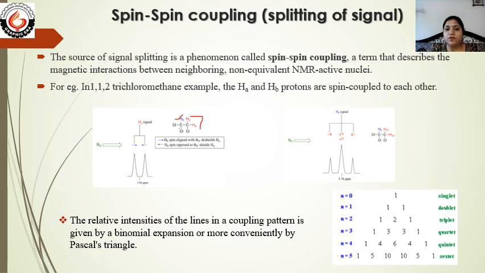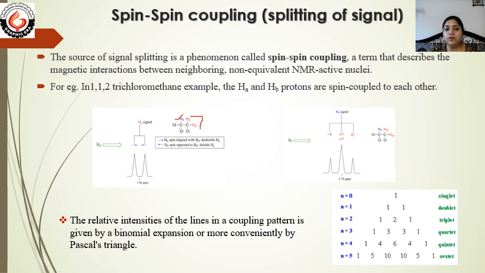So obviously HB has a different environment compared to HA because the number of electronegative groups is different. HA is attached to a carbon which is attached to only one electronegative group and another carbon, whereas HB is attached to a carbon which is further attached to two electronegative groups, chlorine.